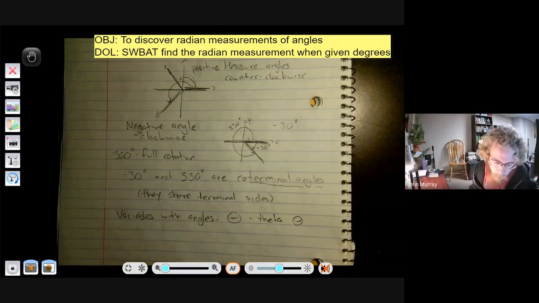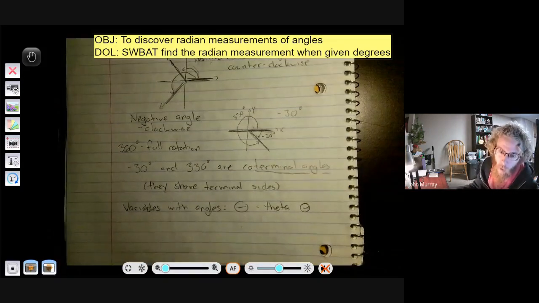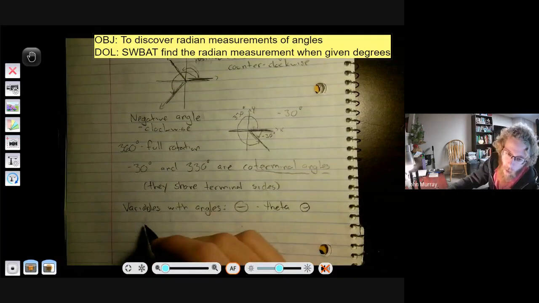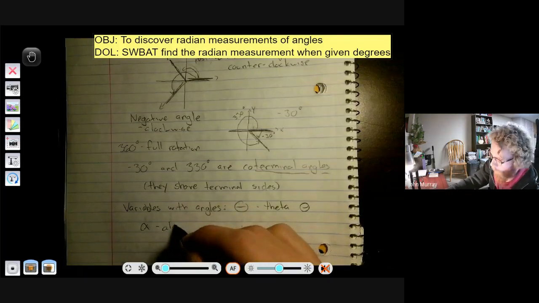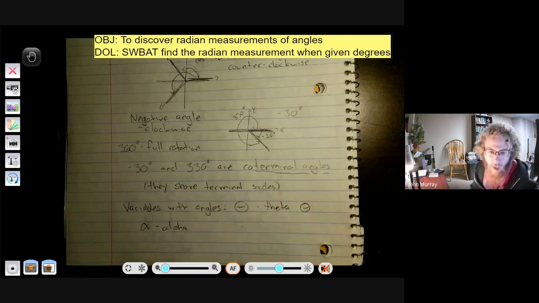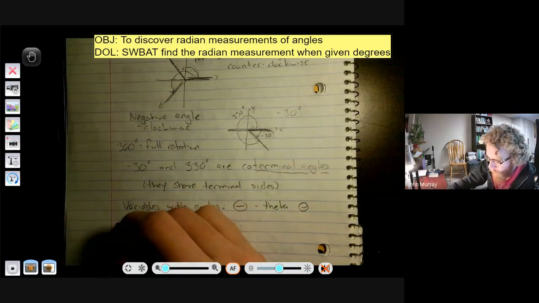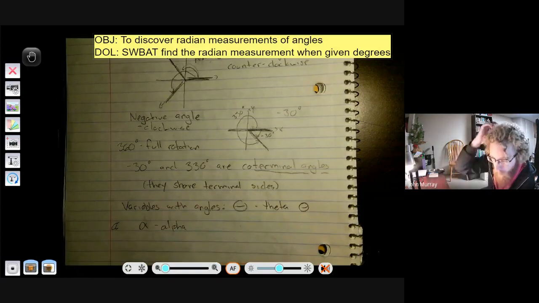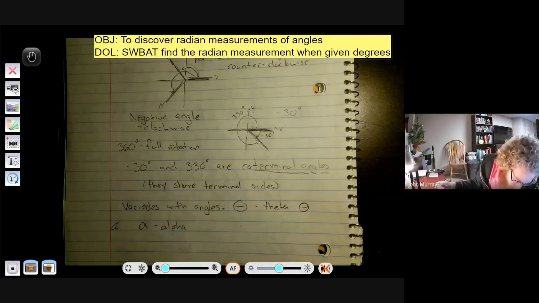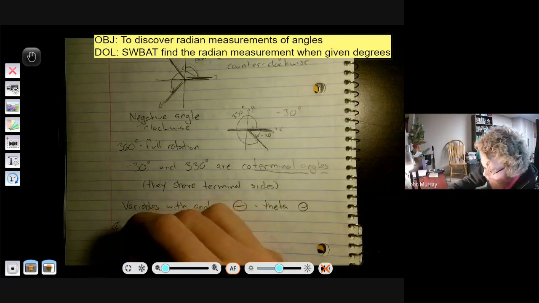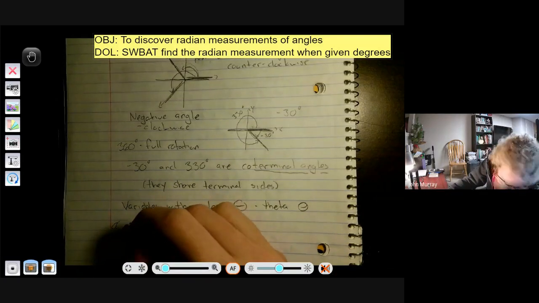If we need more than one name, right, if theta is taken and we need some more names, we go to some more Greek letters. We use alpha, which is kind of like a, well, I mean, it's a Greek A. All right. I do it like that. You might see it differently. You might see like a fancy A like that. I'm trying to get how they draw it in the book.